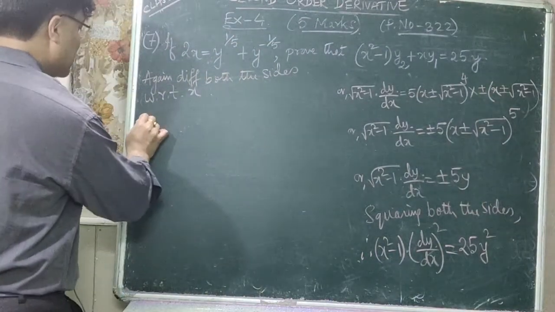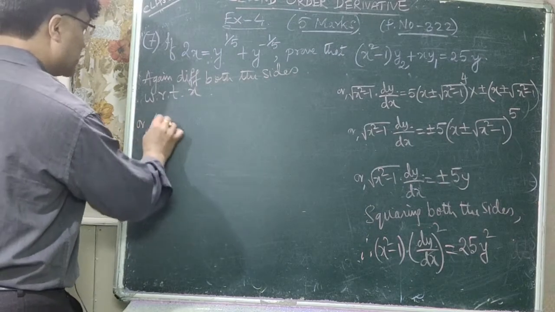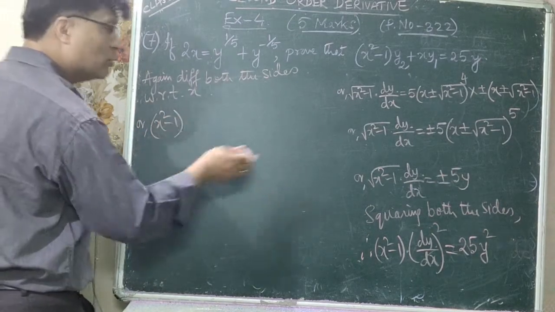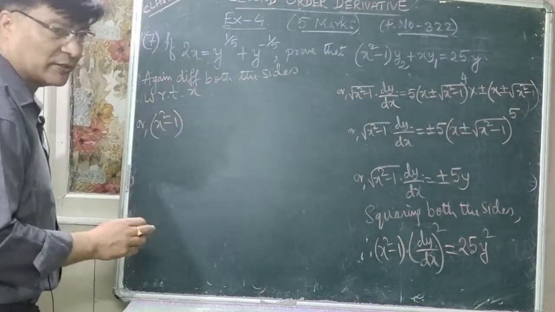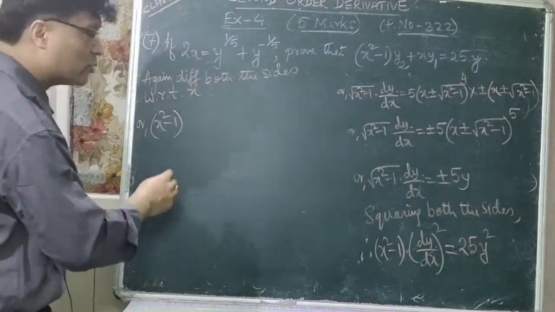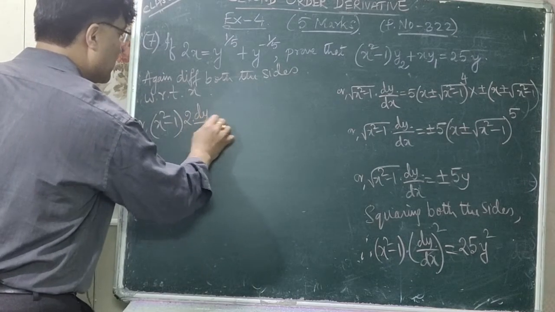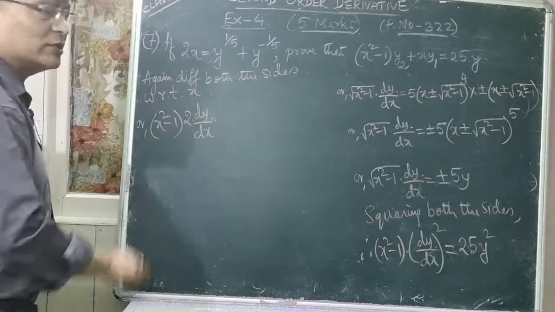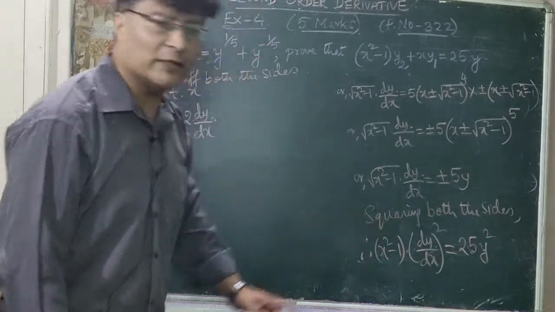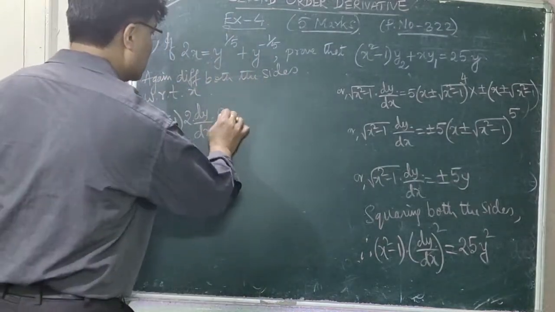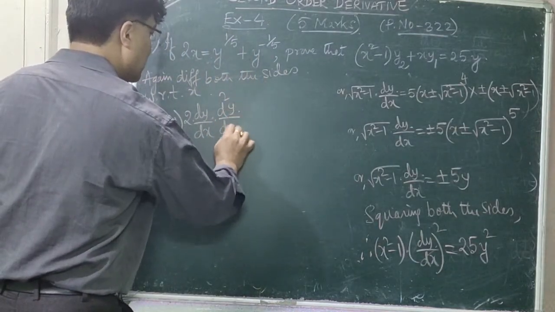Okay. So next, x square minus 1 is kept as it is. We have to use the UV rule for its differentiation. What is the differentiation of dy by dx whole square? First of all, it is x square form. 2x, that is 2 into dy by dx. Again differentiate the term which is assumed as x. That is, you have to differentiate dy by dx with respect to x, which is d2y by dx square.